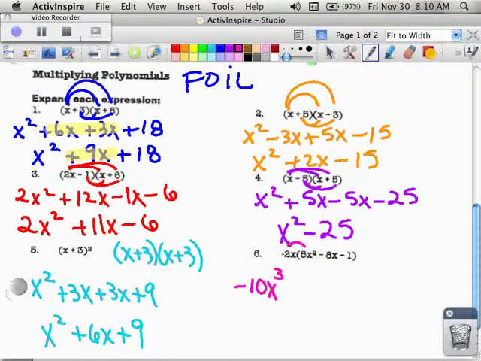Negative 2x times negative 8x is positive 16x squared. And negative 2x times negative 1 is positive 2x. This is called the distributive property. And all you're doing is distributing the multiplication of the negative 2x on the outside, that term, times each of the terms on the inside. This is a little bit different than FOILing because there's not two terms inside of a parentheses to begin with.